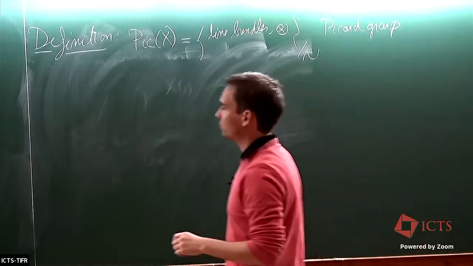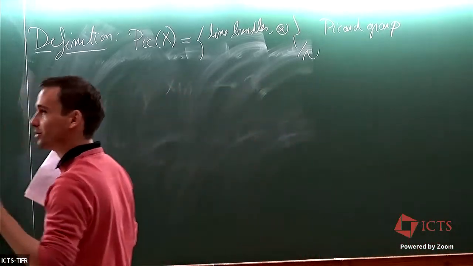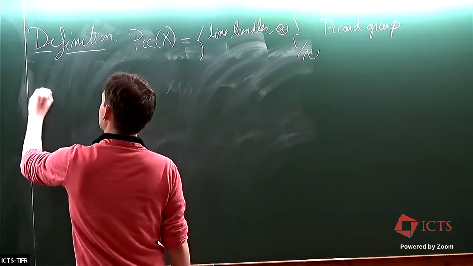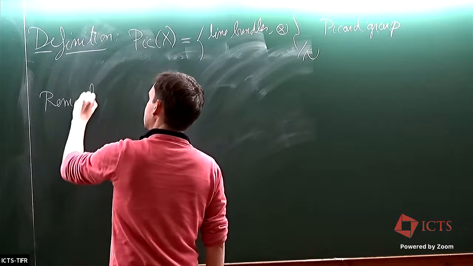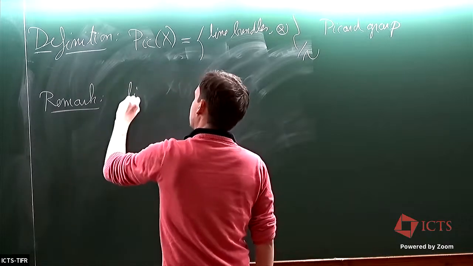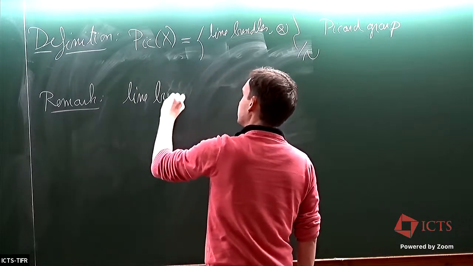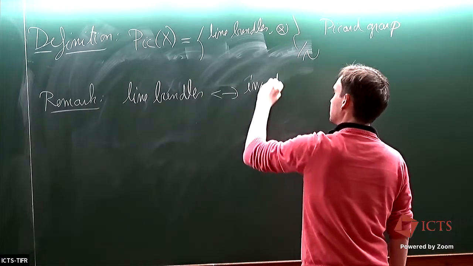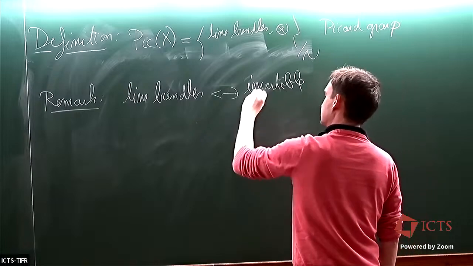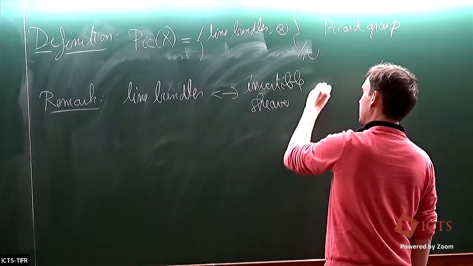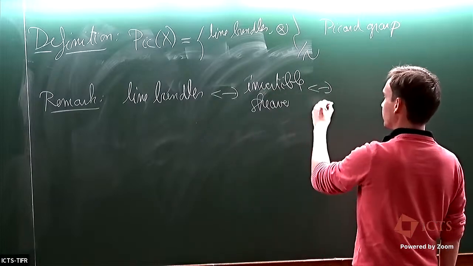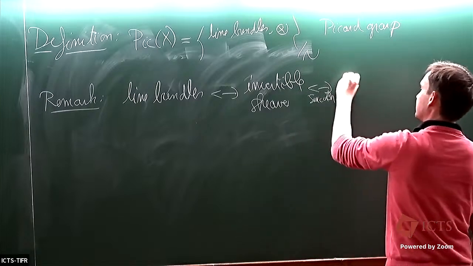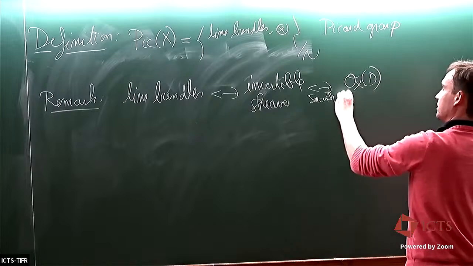Now, maybe it's a moment to mention, if you already know some other definition of Picard group, you might be confused, but here, line bundles are the same as invertible sheaves. Which are the same, for X smooth, in the smooth case, as O_X of D, so D a divisor.